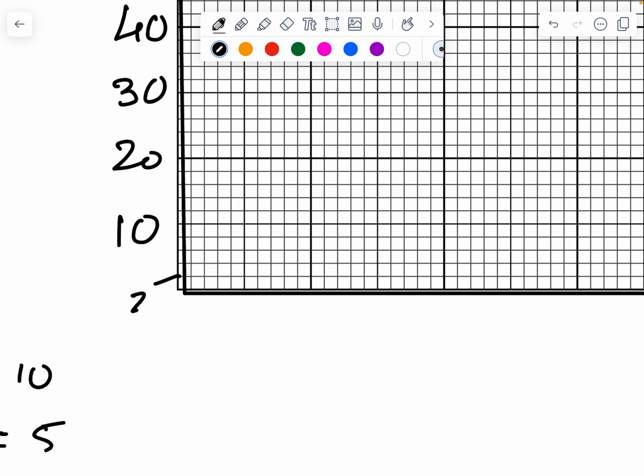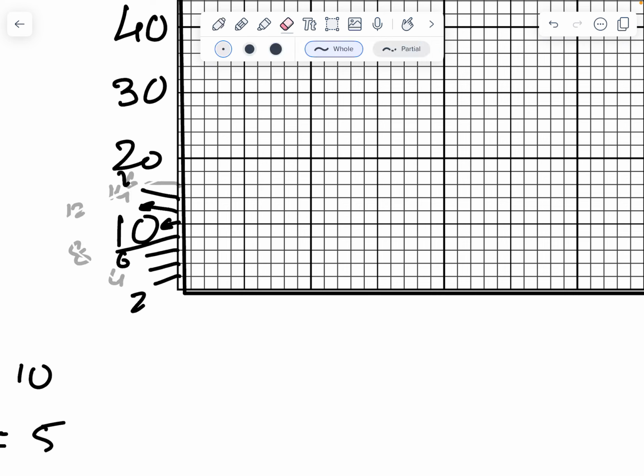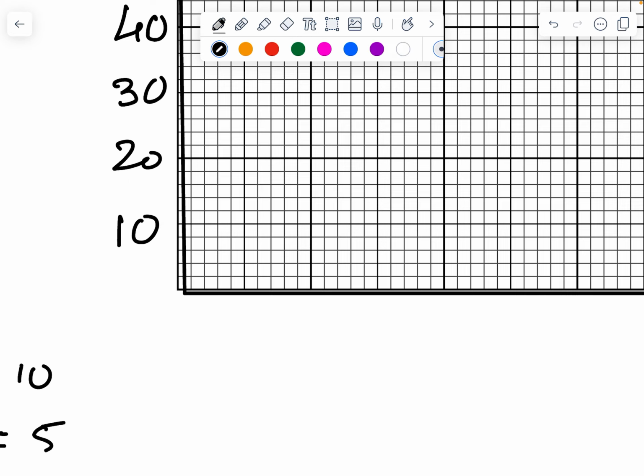So this is 2, this is 4, this is 6, this is 8 and this is 10. Same is the case, this is 12, this is 14, this is 16 and so on. In that way we will be getting all the values. Each line is going to be 2 units.